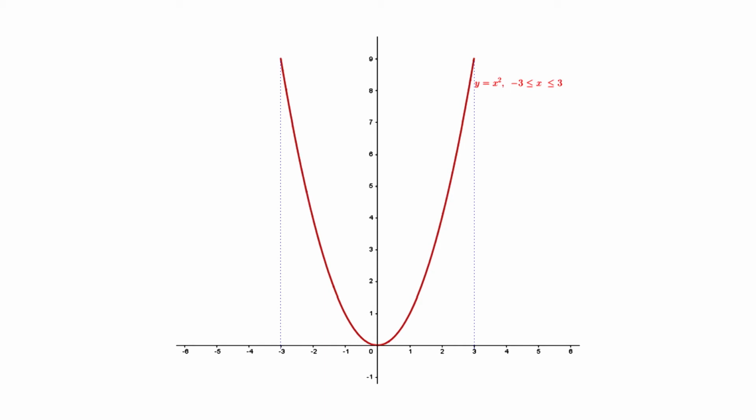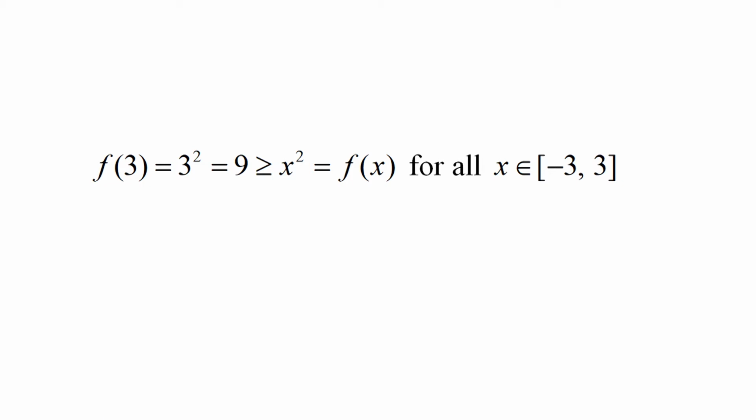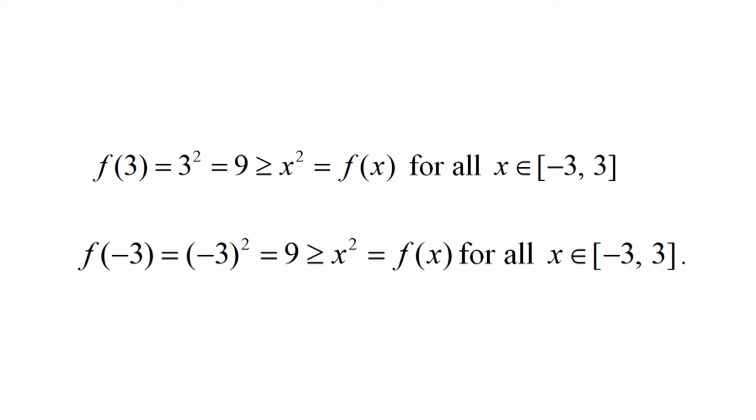But if the domain is restricted to the closed interval minus 3 to plus 3, by looking at the graph of f, we infer that f attains its maximum value 9 when x value is 3 or minus 3. That is, f of 3 equal to 3 square equal to 9 is greater than or equal to x square equal to f of x for all x in the closed interval minus 3 to plus 3, and f of minus 3 is equal to minus 3 whole square equal to 9 is greater than or equal to x square equal to f of x for all x in the closed interval minus 3 to plus 3.